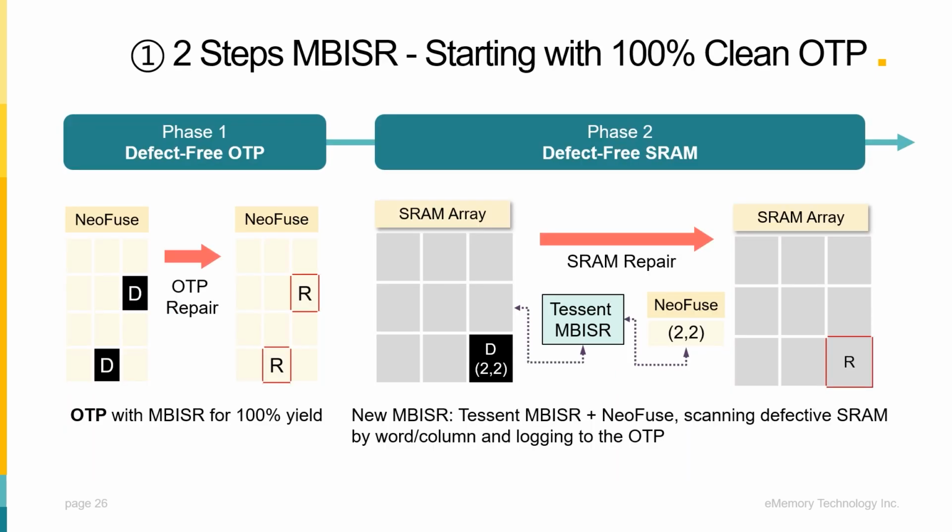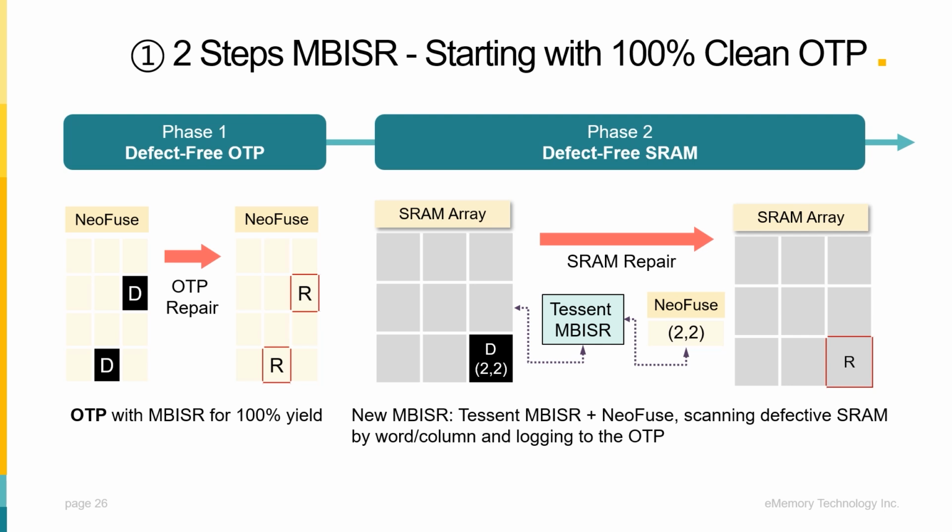The first benefit is that if we want to repair SRAM, we must ensure that the non-volatile memory used to store the repair data must itself be defect-free. In this newly proposed memory built-in self-repair subsystem, eMemory OTP has designed the first automatic memory built-in self-repair.